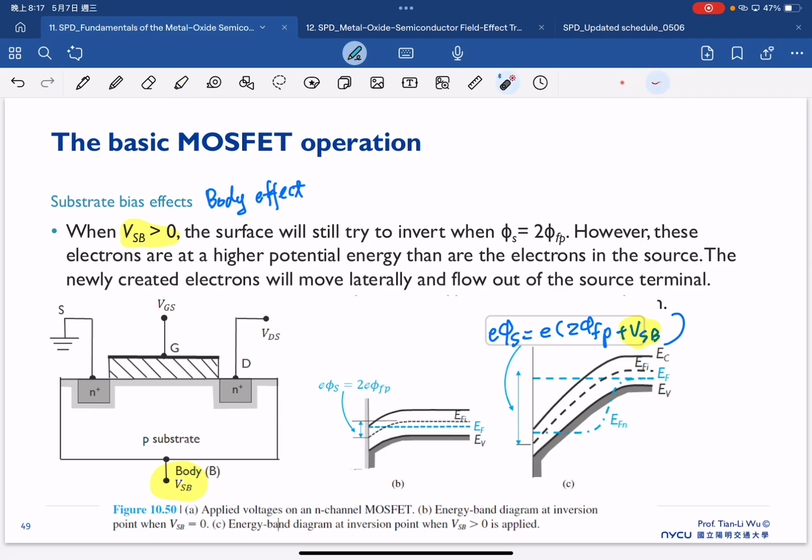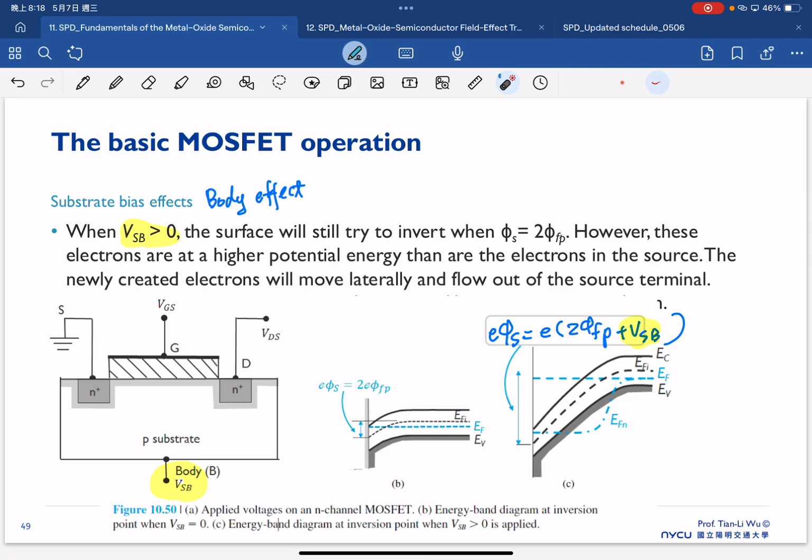So when the substrate VSB is larger than 0, the surface will try to invert when phi s equals 2 phi fp. However, these electrons are at higher potential energy than other electrons in the source. The newly created electron will move laterally and flow out of the source terminal.